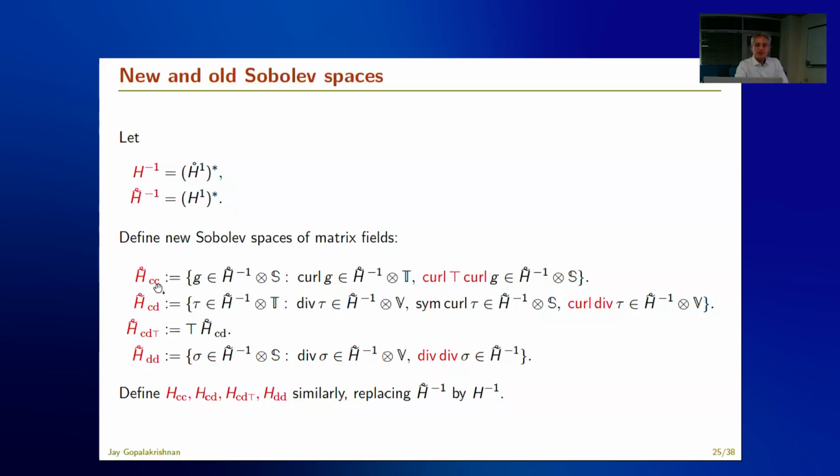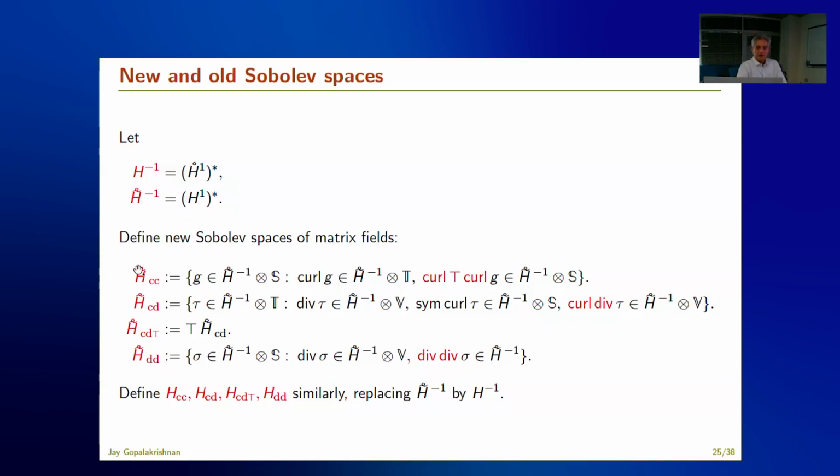The HCC has 2 curls in it. The HCD has a co-div operator in it, and the HDD has a double div operator. So these are matrix valued fields where one of these interesting second order operators plays an important role.